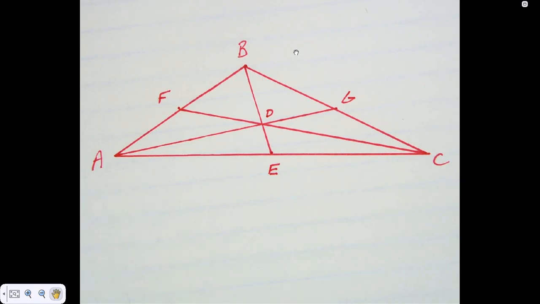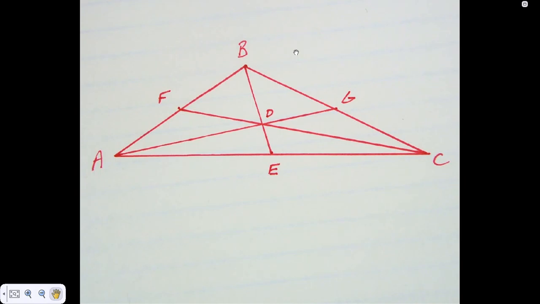What we're going to do here, I took my black pen, is we're going to work on some different ones. First of all, we're going to say that these are all medians.